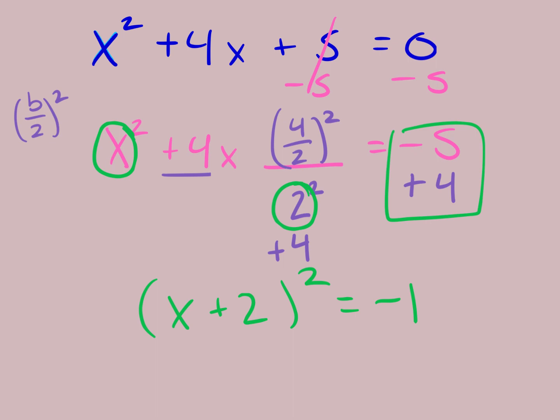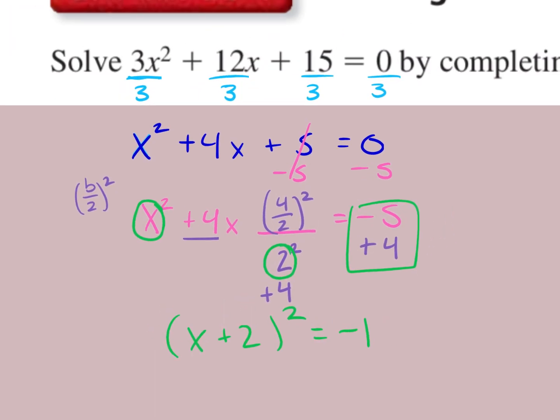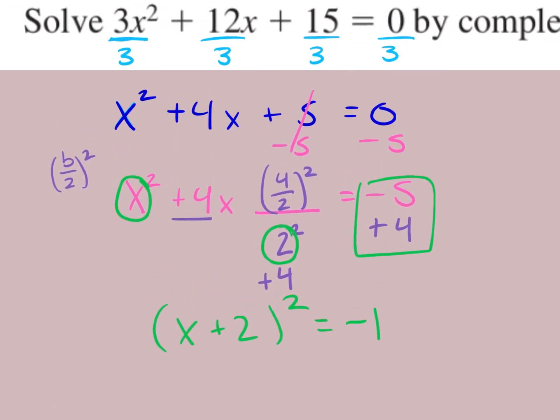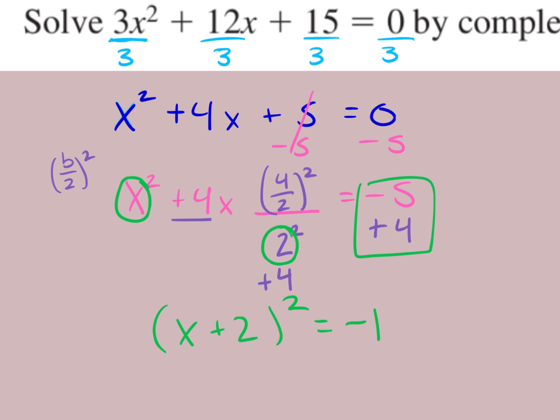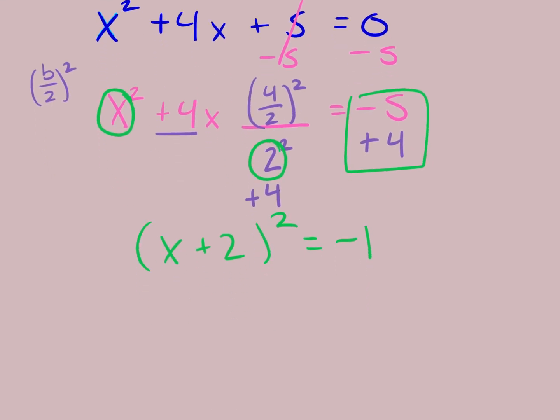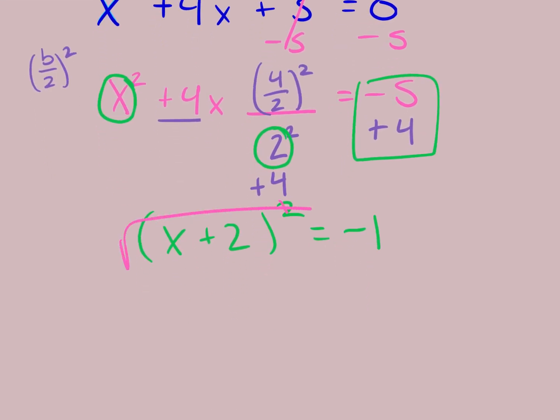Wouldn't that be 3x? We divided out the 3, so it went away. Oh, okay. What would we do next to solve? Square root both sides. So it cancels out with the squared. So I have x + 2 is equal to, what's the square root of negative 1?